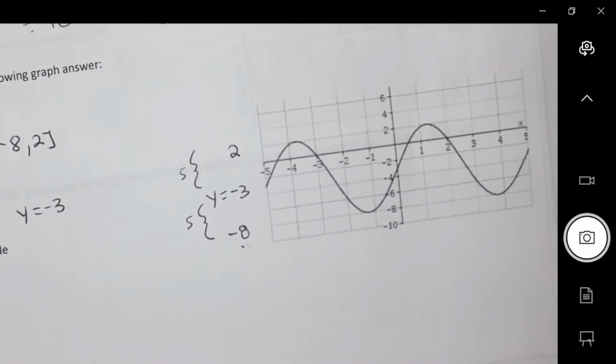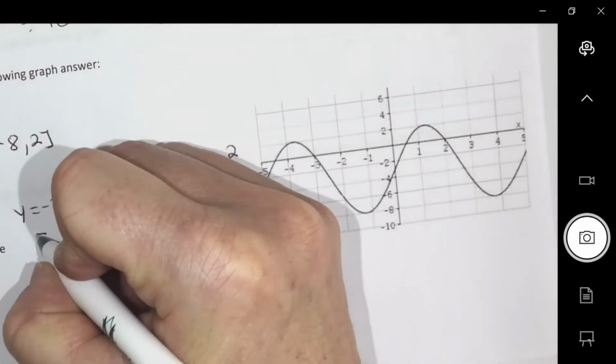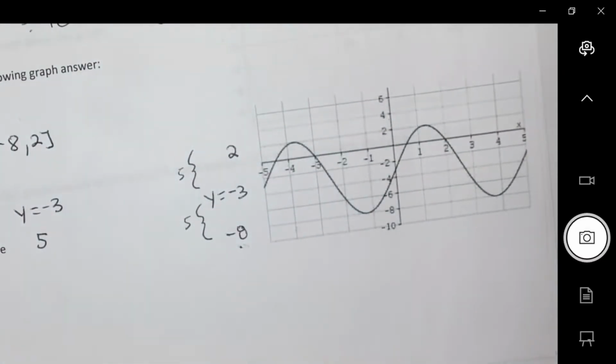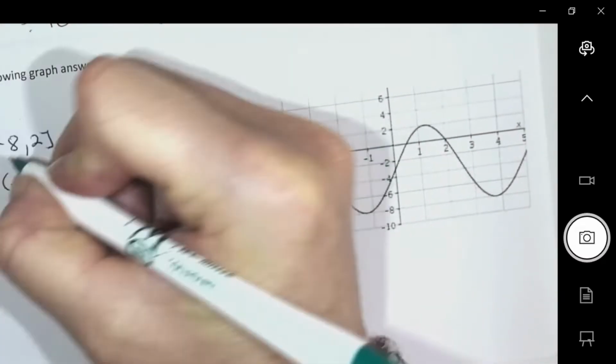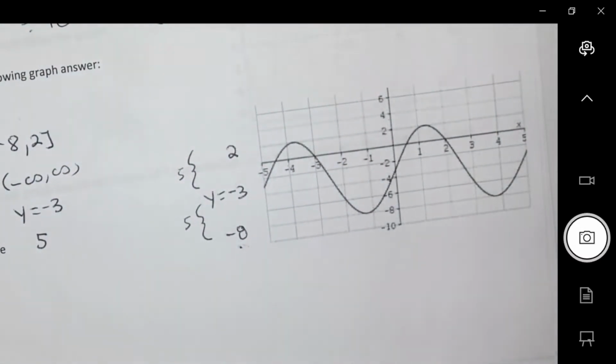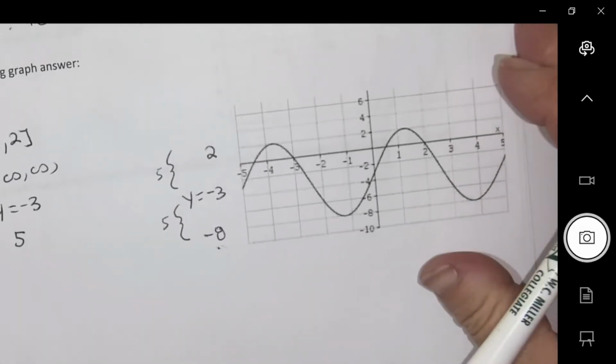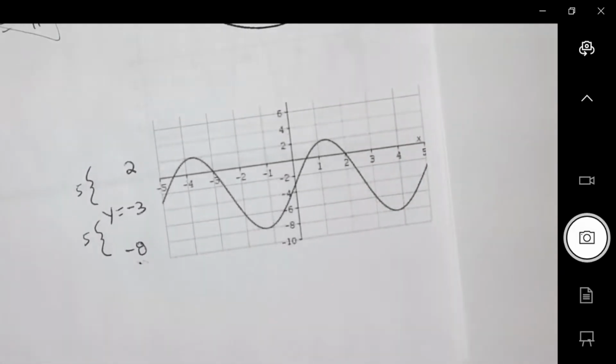And we're always going to do it y equals, because then it's like visualizing a line going through there. Amplitude, we had labeled 5. The domain, so left to right, what do these sinusoidals do? They go and they go.